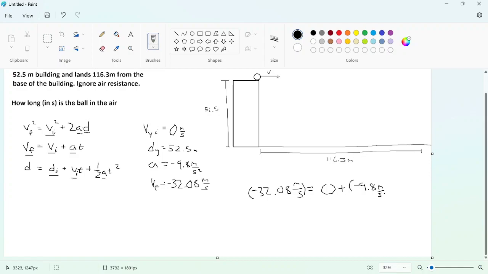Meters per second squared times the time it takes. Manipulating, 32.08 divided by 9.8, T is equal to 3.273 seconds. So the time it takes for it to hit the ground is going to be 3.273 seconds.